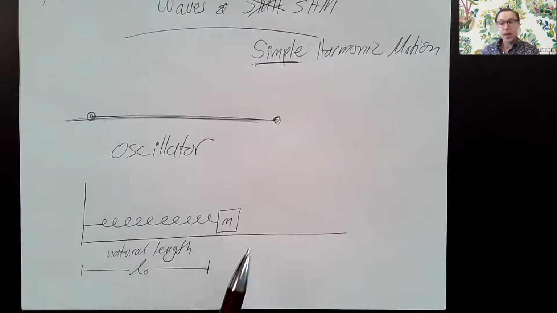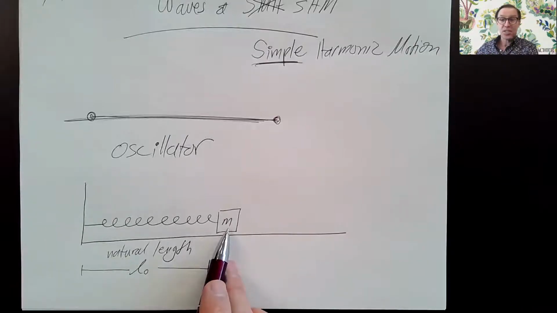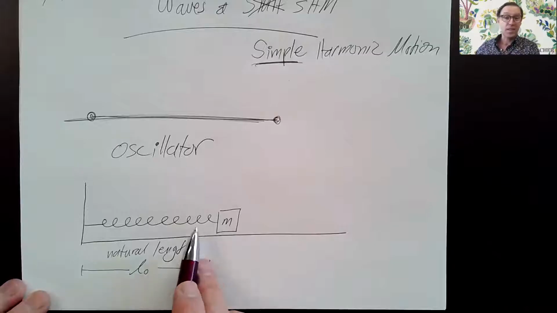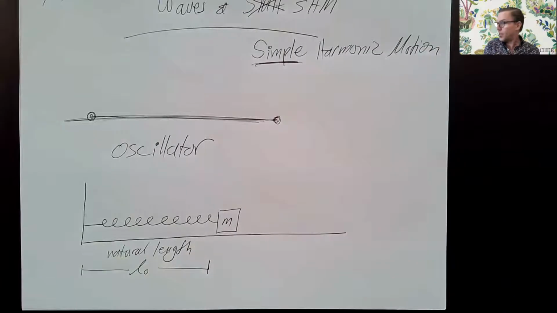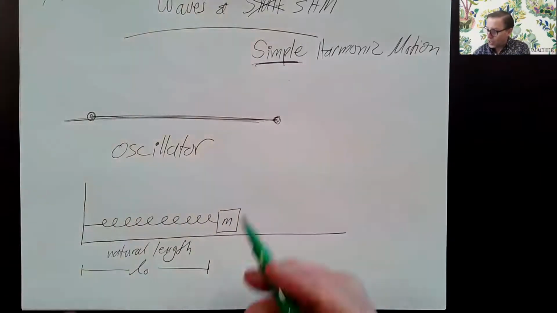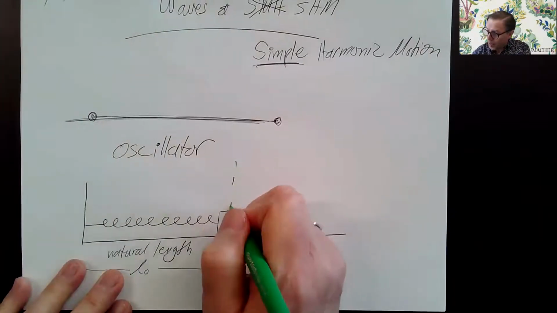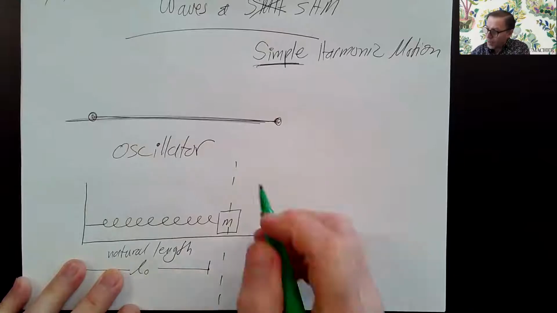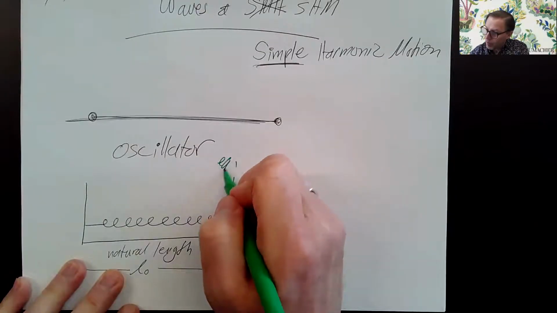So if the block is at rest, it will just remain at rest. If the block is moving, it's just going to be moving at constant speed because the spring doesn't push on the block. And there's a special name for this location where the spring does not push or pull on the block. That could be called equilibrium.